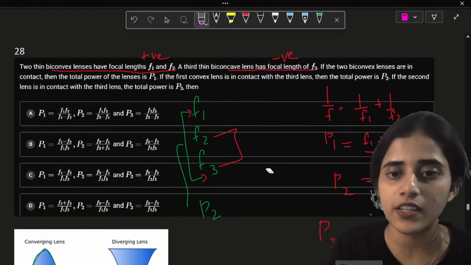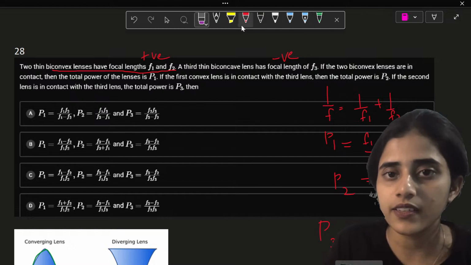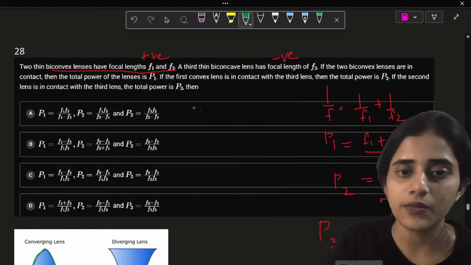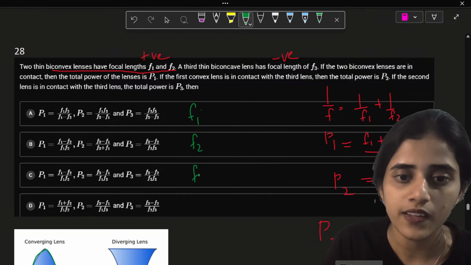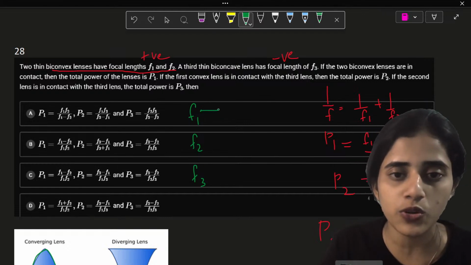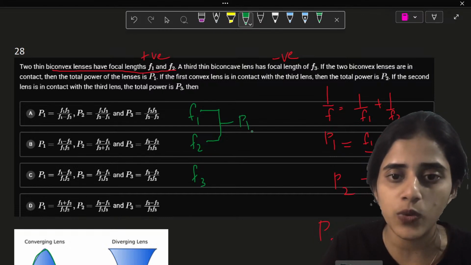I think I can do a better job by representing it more neatly. I think I should do that much justice to all of you. Okay. F1, F2, F3. Now, if F1 and F2 are in contact, then the power is P1.